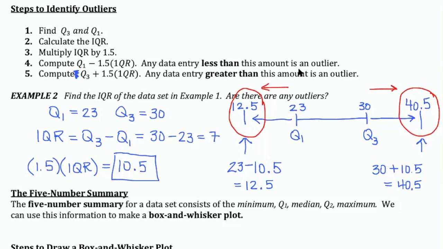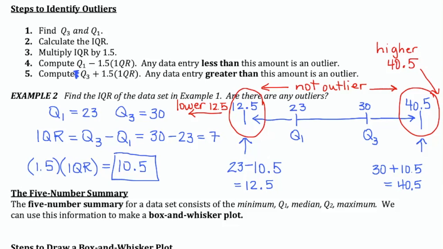Anything between these numbers is considered not an outlier. It's not an unusual piece of data. If you have any numbers out beyond these fences, so anything lower than 12.5 or higher than 40.5, that would be considered an outlier.